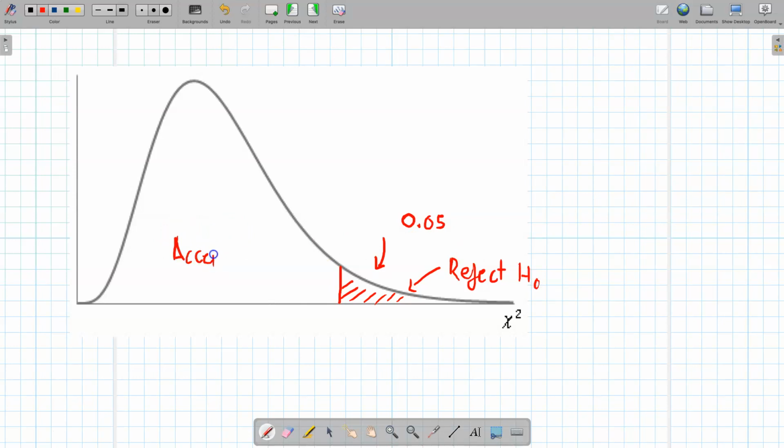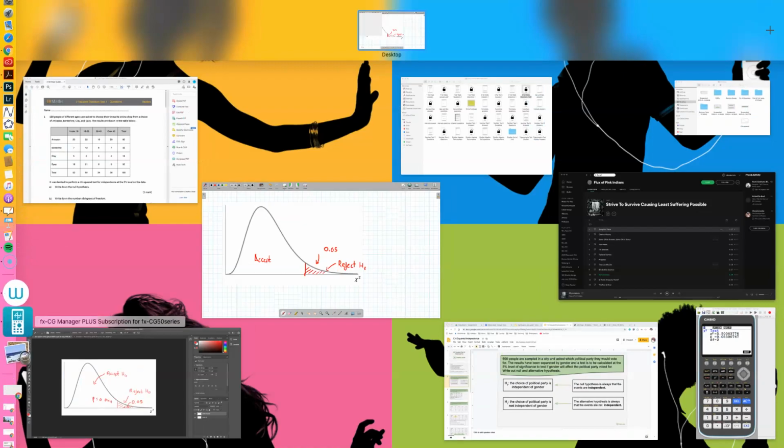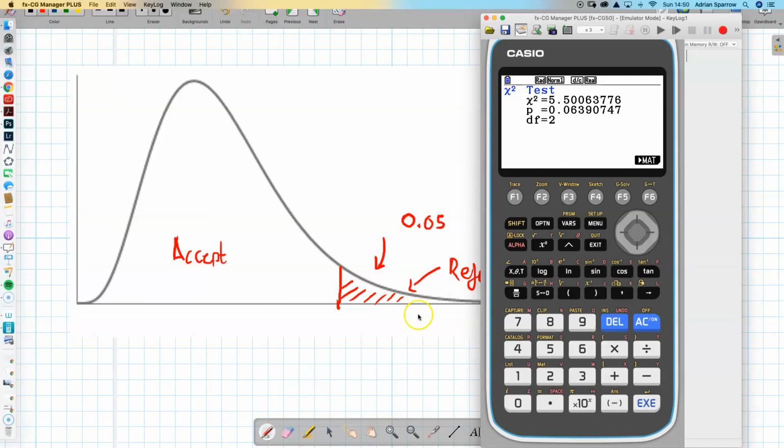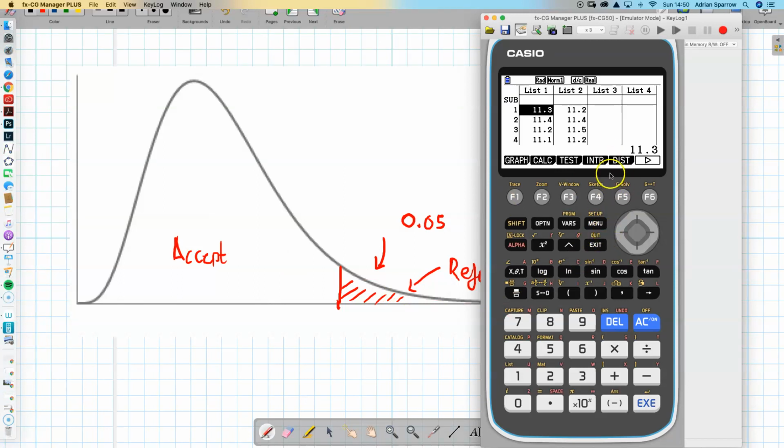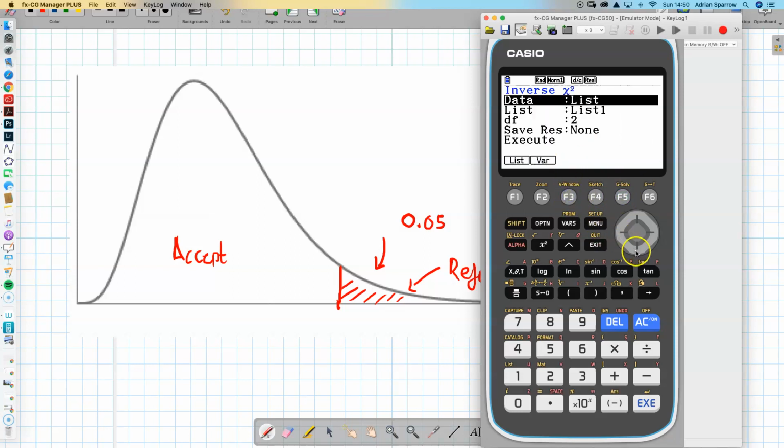Now what we're going to do is find what this cutoff point here is. And again, I'm going to use my graphic calculator. So let's grab that graphic calculator again. And for this, I'm going to come into the stat menu again. I'm going to go to distribution, chi, inverse chi. I'm going to set this up to be variable, and I'm going to say that I want 0.05 and 2 degrees of freedom.